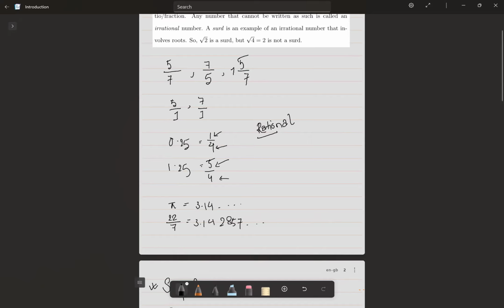If you continue with the decimals, you will see that the value of pi in the long run is very different from 22 by 7. When we used 22 by 7, it was just an estimate. So 22 by 7 itself is a rational number, but pi is not a rational number.